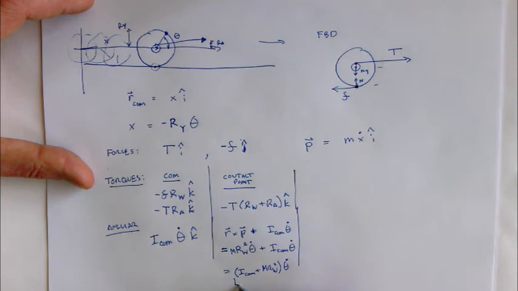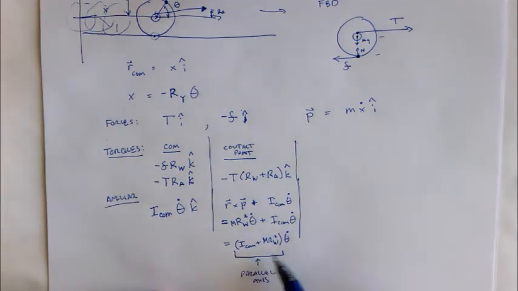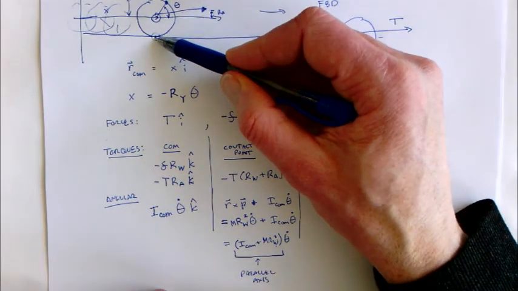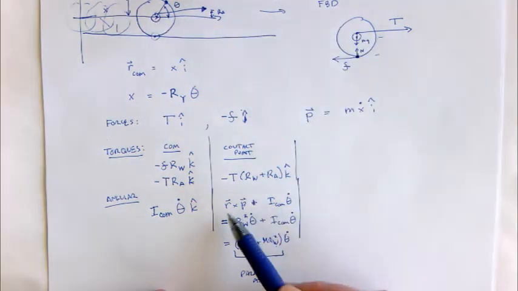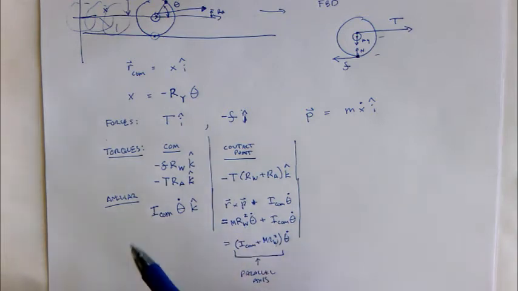In fact, what we've done here is we've just used the parallel axis theorem, or actually we sort of derived the parallel axis theorem, to come up with the moment of inertia for the wheel about this point as opposed to about this point, because this r cross p term gives you m times the distance from one axis to the other, squared.